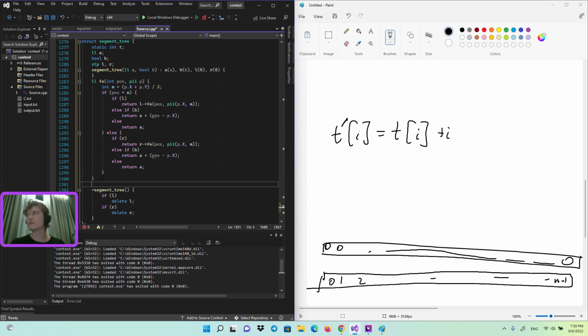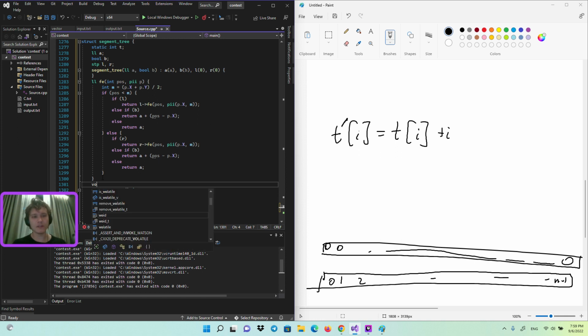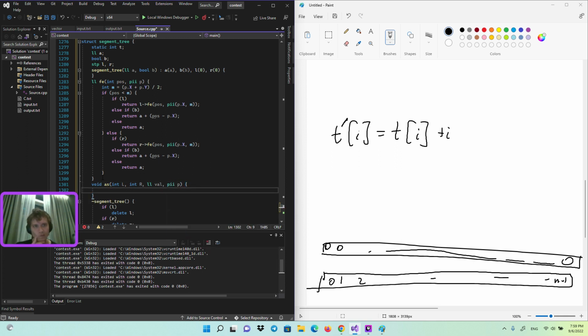Next, we have to make an assignment. So this is like void assign. And what we have: int L, int R, and pair P. Also the value val and pair P. Okay.